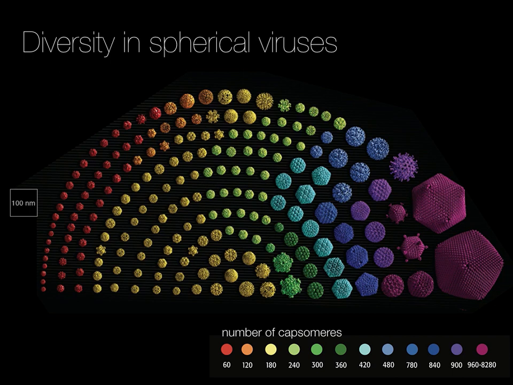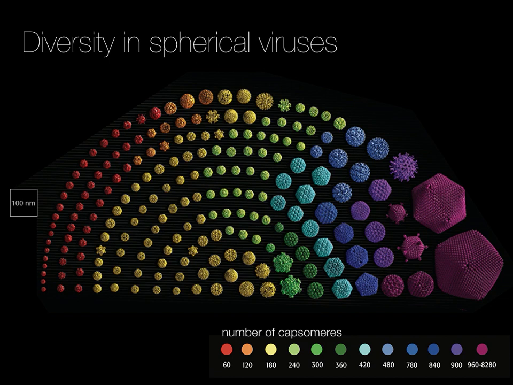But when we look at the viral world, we find a big diversity in virion structures. And here we have different capsids separated by color based on how many subunits are going to make each of those capsids. So we look here at the number of capsomeres, that's how we can call these different subunits.